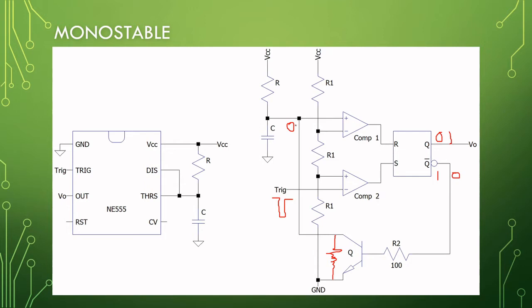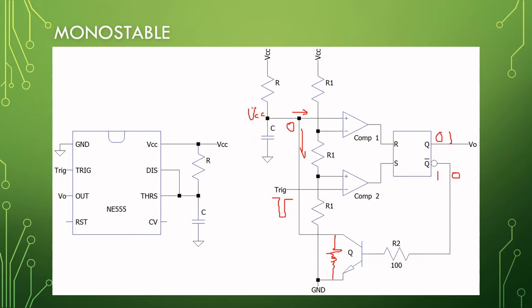So theoretically, there is infinite impedance looking this way and infinite impedance looking that way, meaning our capacitor can start charging from 0 volts to VCC.